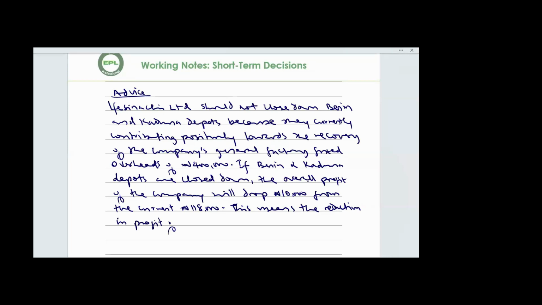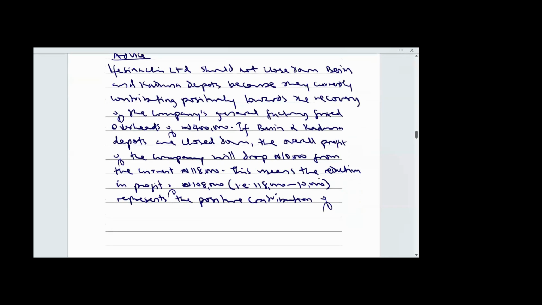of 108,000, that is 118,000 minus 10,000, represents the positive contribution of Benin and Kaduna depots.